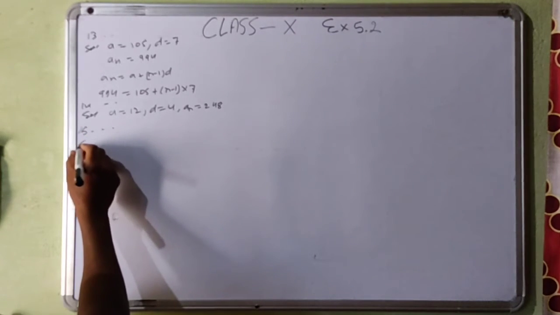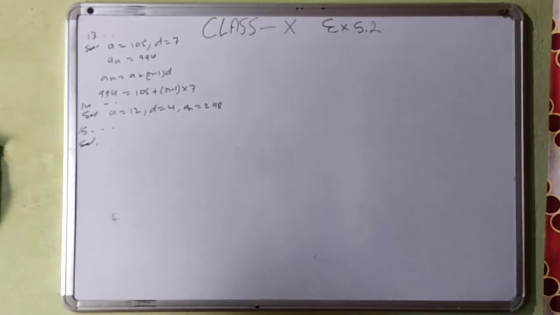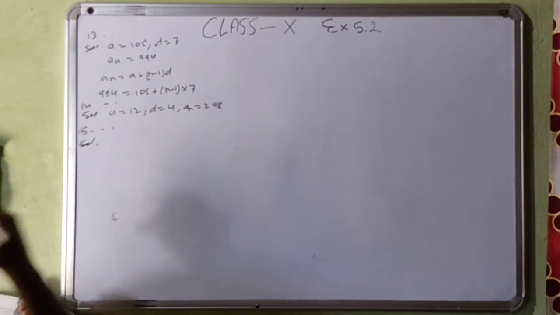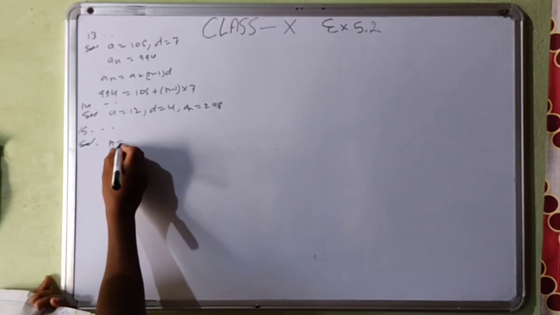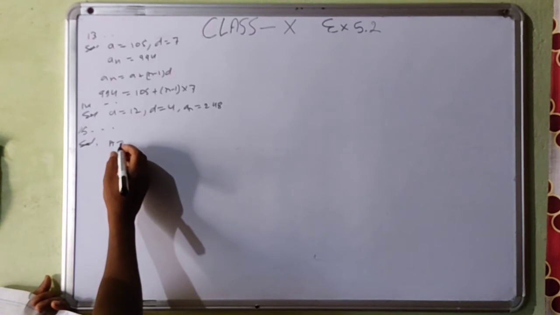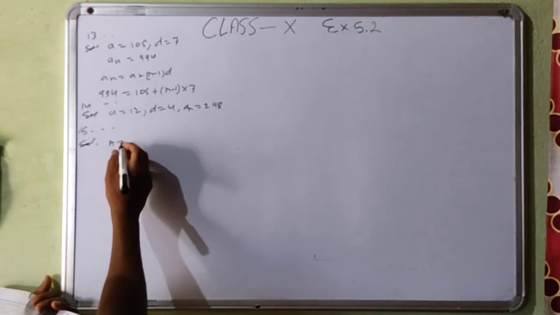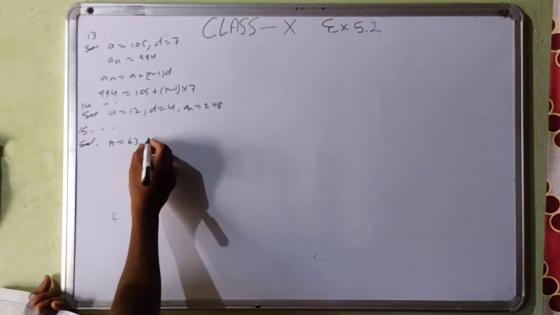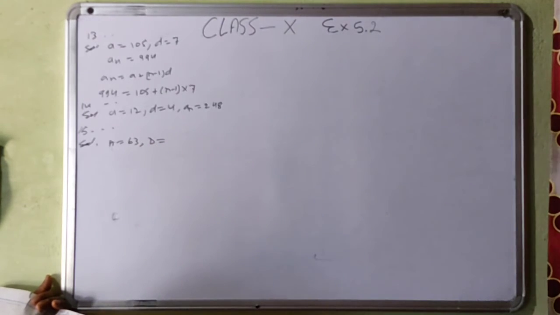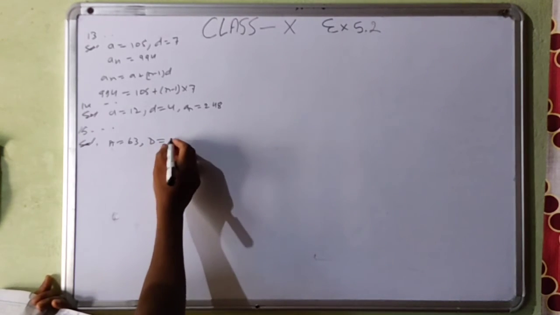15th question: for what value of n are the nth terms of the two APs equal? It means 2 APs are given. So first of all we will write a is equal to 63, and d is equal to 65 minus 63, 2.